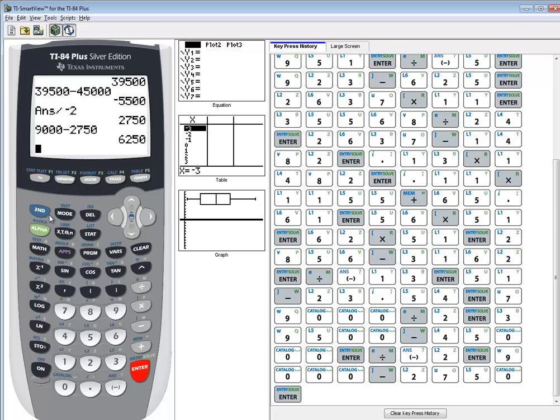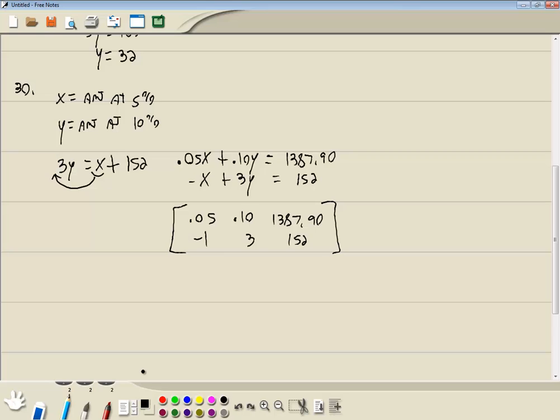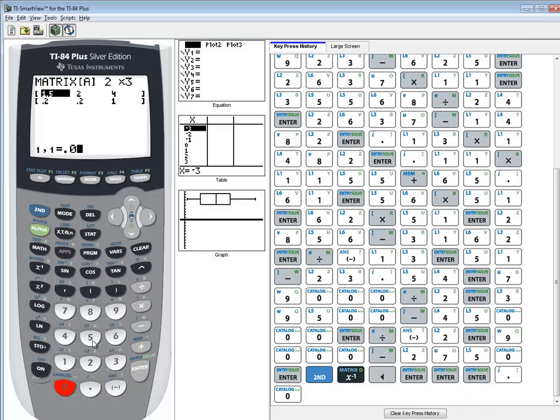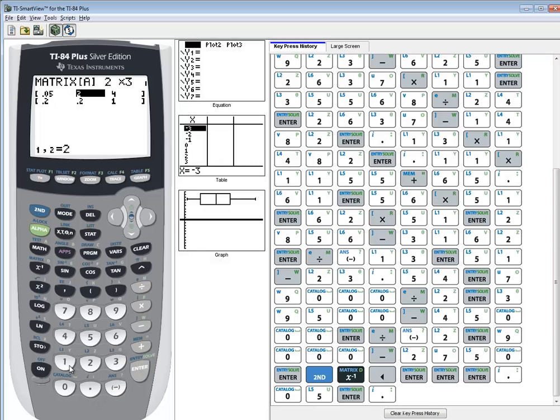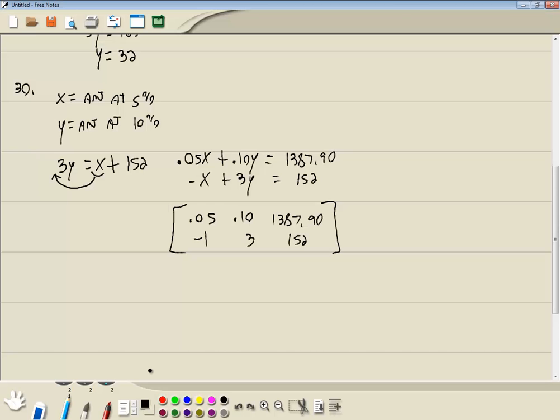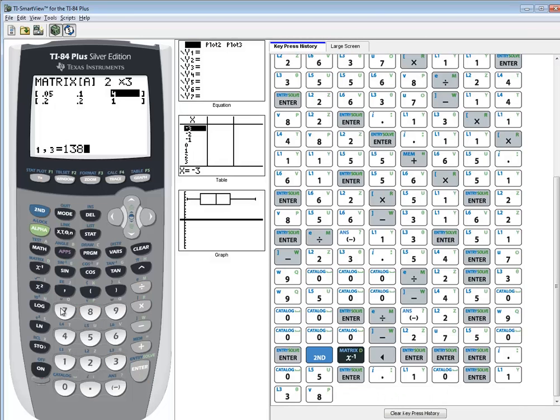Okay. So do second x negative 1, go over to edit, enter on A, still 2 by 3. So I got 0.05, 0.10. You don't actually need zeros at the end. 1387.90.